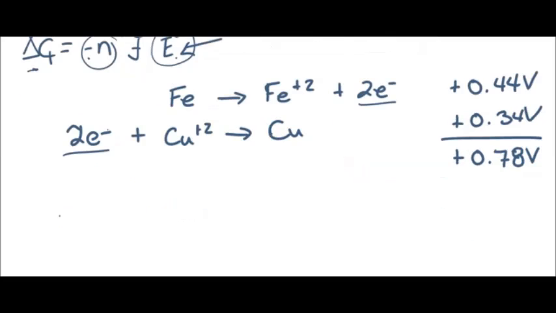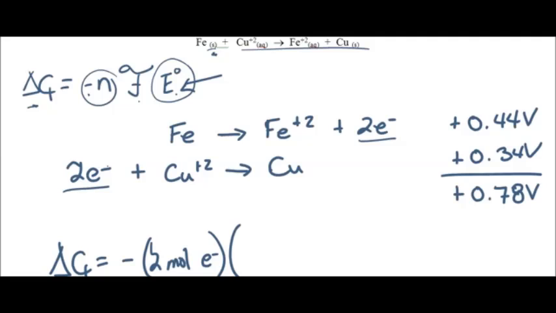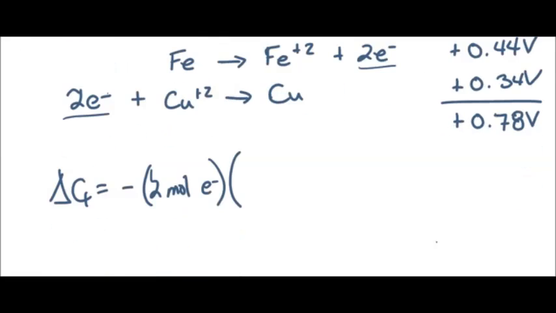So our delta G is equal to the negative number of electrons, so 2 moles of electrons, times Faraday's constant, the F here, which is 96,500, and that's coulombs per mole of electrons.